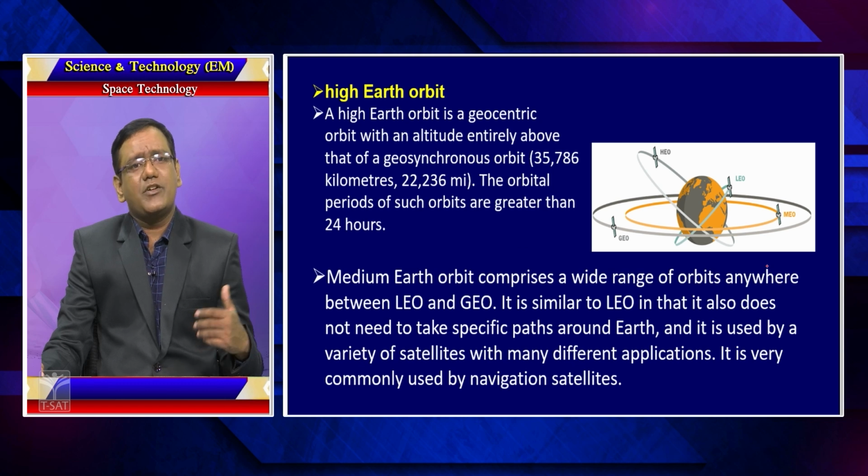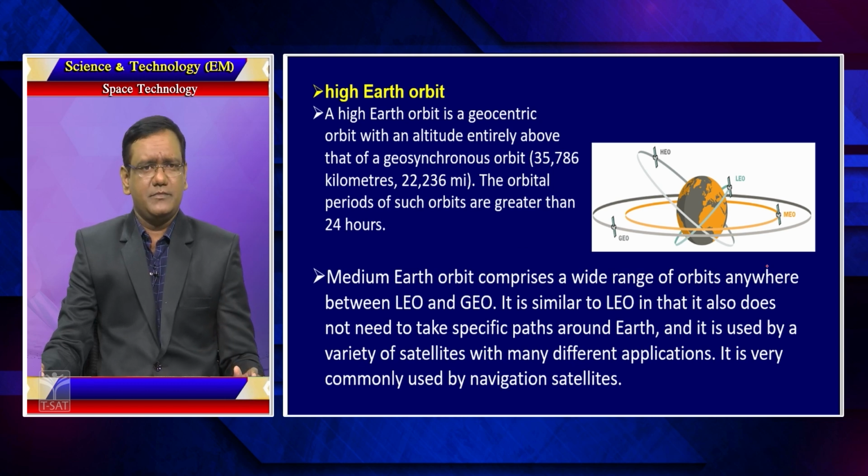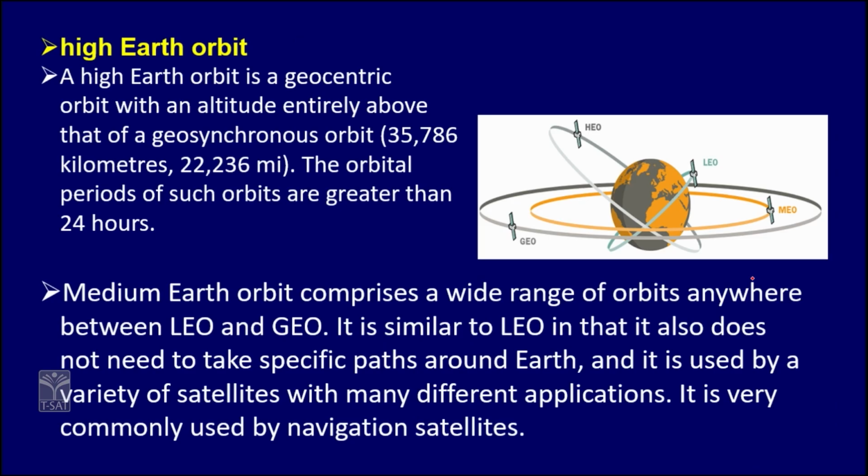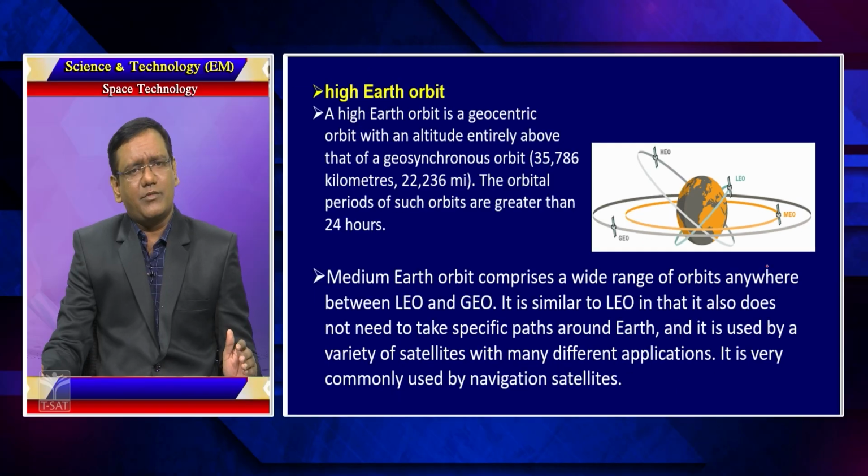Now let us talk about high Earth orbit. A high Earth orbit is a geocentric orbit with an altitude entirely above that of a geosynchronous orbit, that is 35,786 kilometers. Any satellite above this 35,786 is called high Earth orbit.